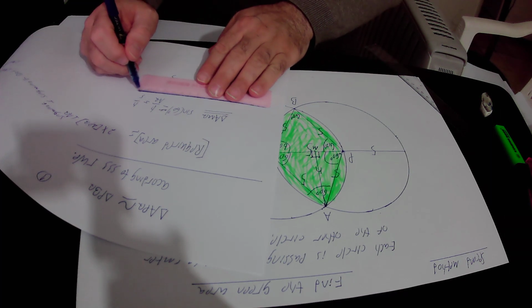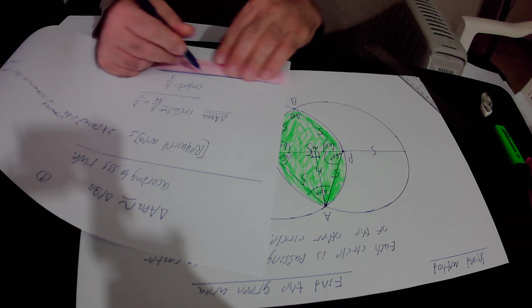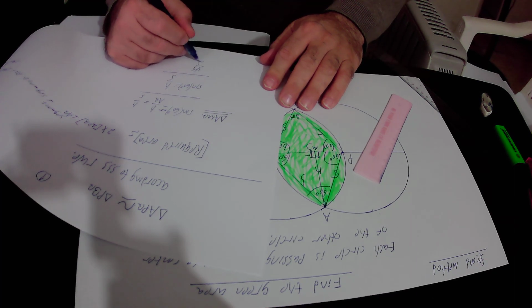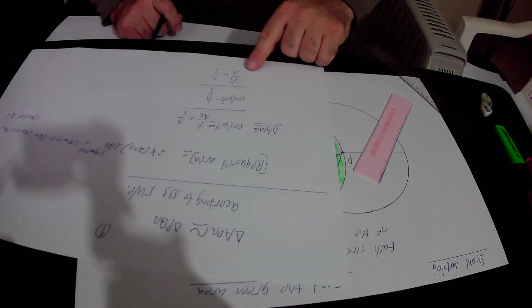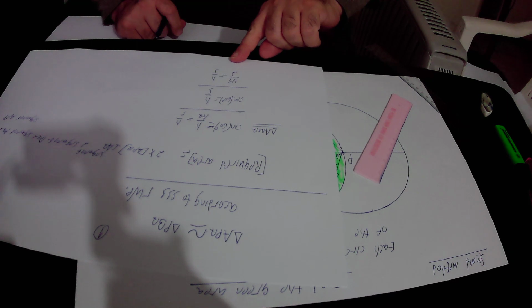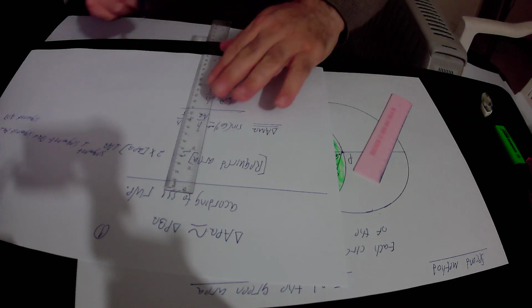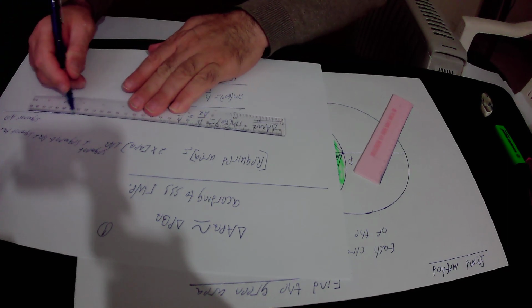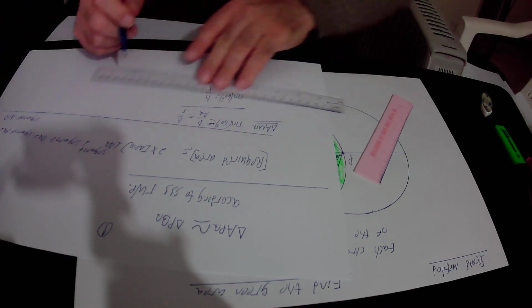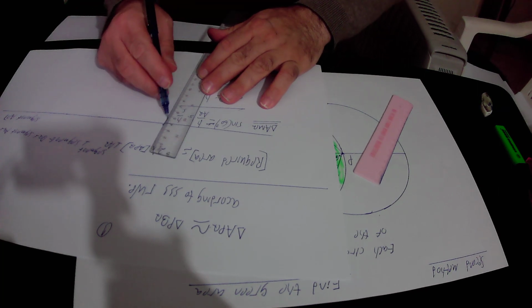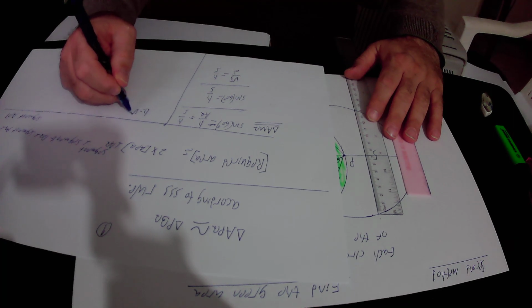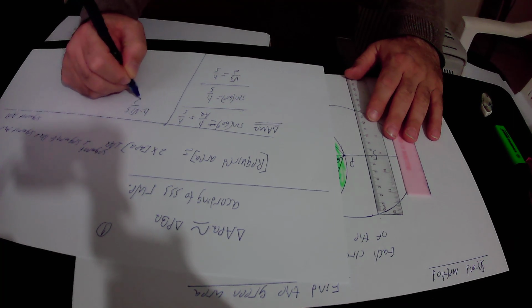Sine 60 degrees is square root of 3 over 2, so we substitute it, and it equals H over 5. Here we multiply this equation by 5, and we get that H equals square root of 3 times 5 over 2.